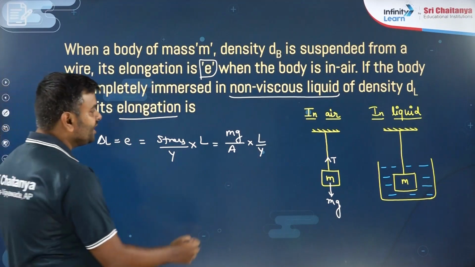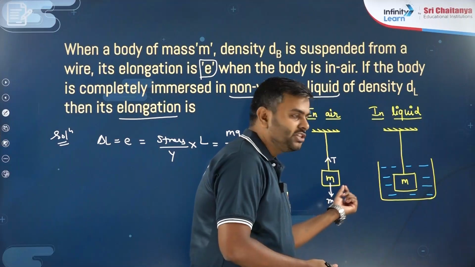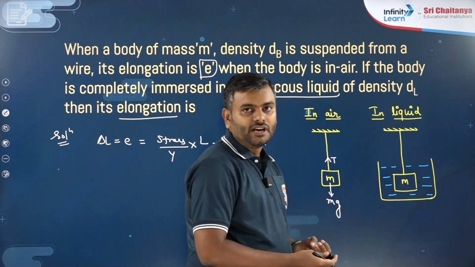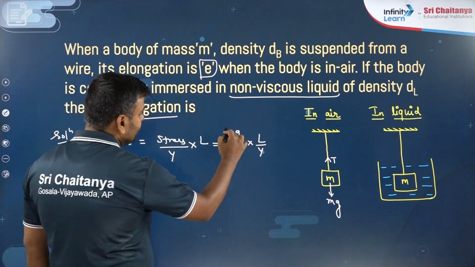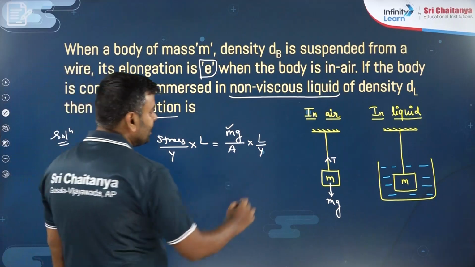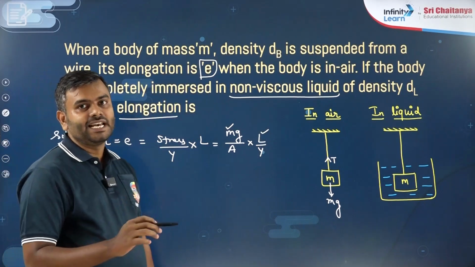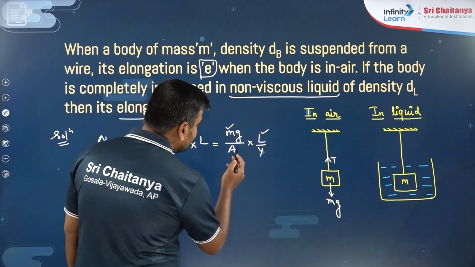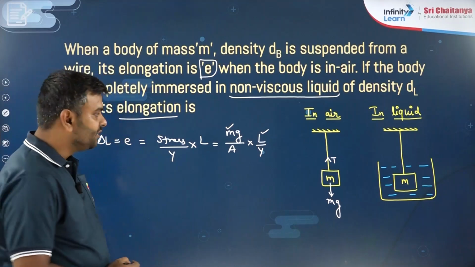From there you can see that in the initial situation and the situation when this block is submerged in a liquid, in both situations the mass of the body remains the same. The length of the wire also remains the same. Here L is the initial length of the wire, and A is the area of cross section of this wire, which is also not going to change.